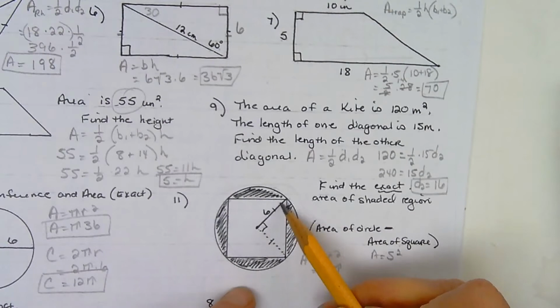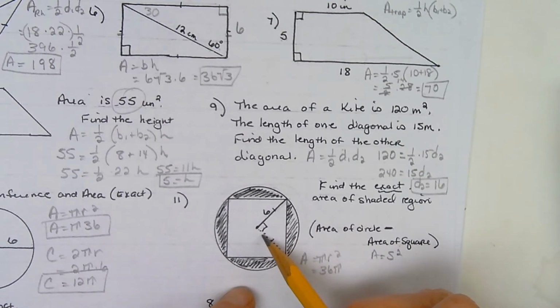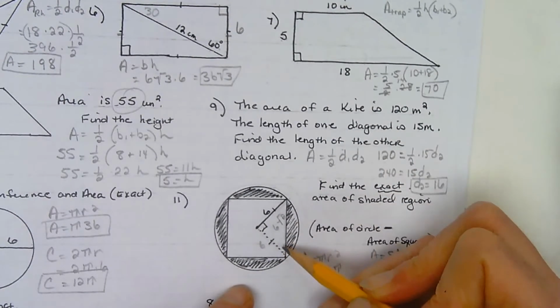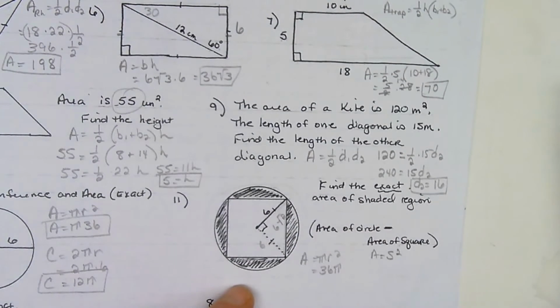So if this angle here is a 90-degree angle, and these two sides are radii, then this is 6 and this is 6. This is a 45-45-90-degree triangle. So I can find the length of this side. This leg is 6, this leg is 6, the hypotenuse is 6 rad 2. So this side, the hypotenuse of that 45, is 6 rad 2.